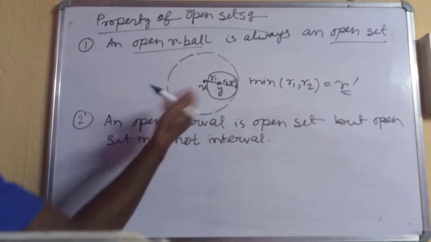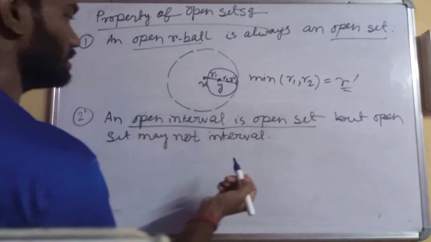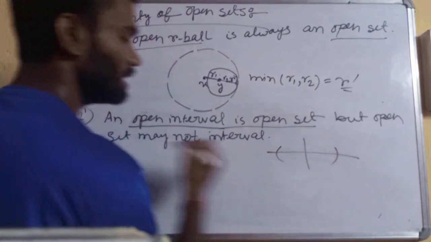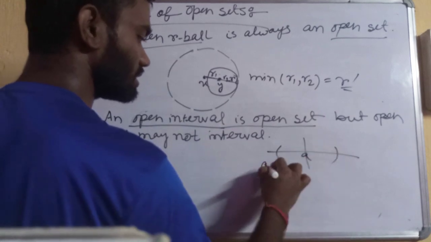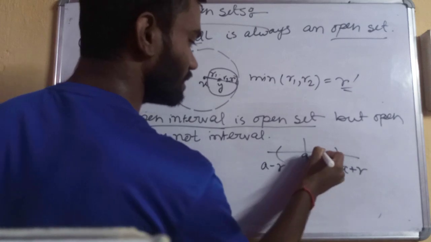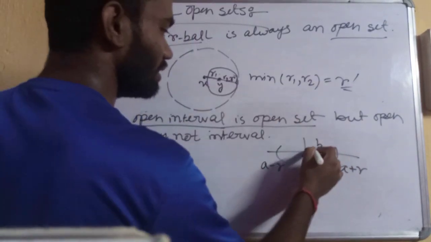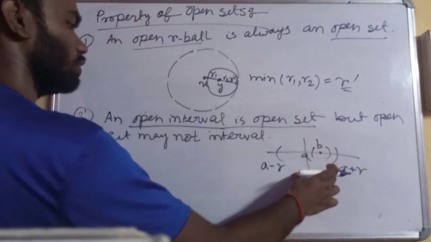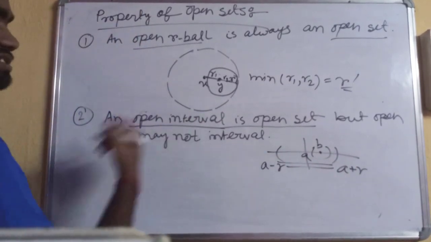This is the general case, and an open interval is a particular case, so it is an open set, right? See here, if we take any interval, this is say a, so this is a minus r and this is a plus r. Then we can choose an arbitrary point b, and similarly we get an open interval entirely contained in the previous one. So the interval is an open set, but the converse may not be true.